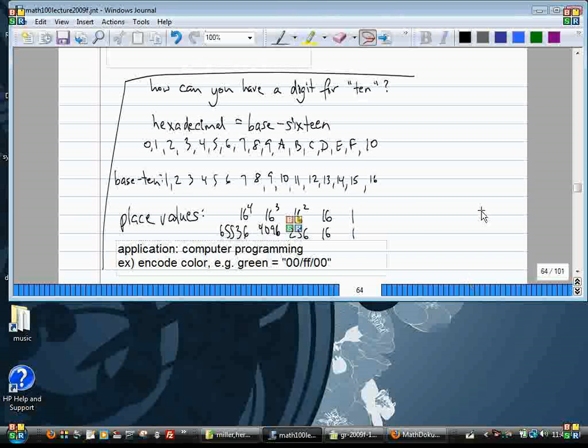So in this case, how much red is there? There's 0. How much blue is there? There's also 0. How much green is there? It's FF. As far as two-digit numbers go, is FF big or small or in the middle? How big is the digit F in hexadecimal?